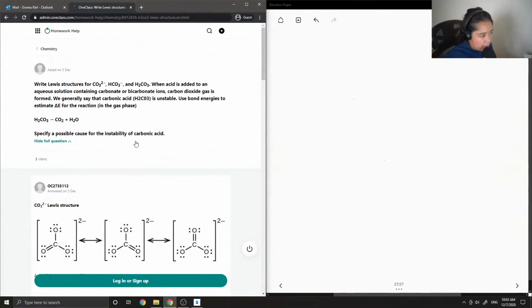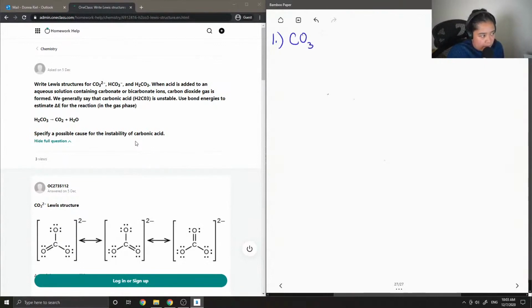Okay, so the first part of the question asks to write all the different Lewis structures for all these different ions. So let's start with the carbonate ion, CO3 2-. To find the Lewis structure of anything, we need to first find the total valence electrons of the compound.